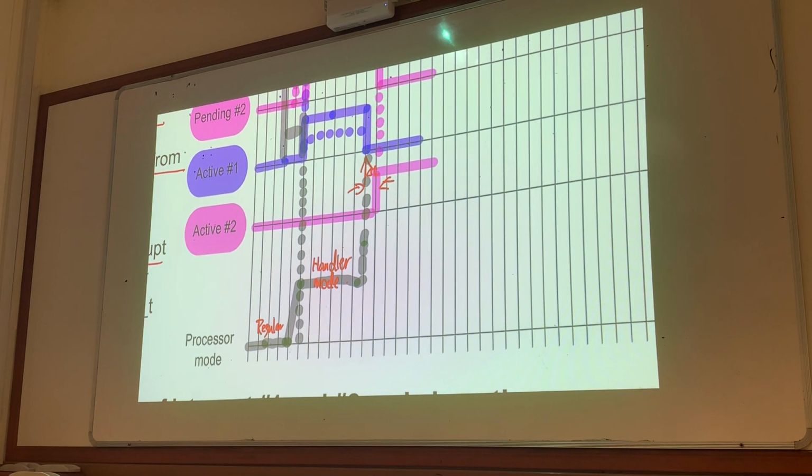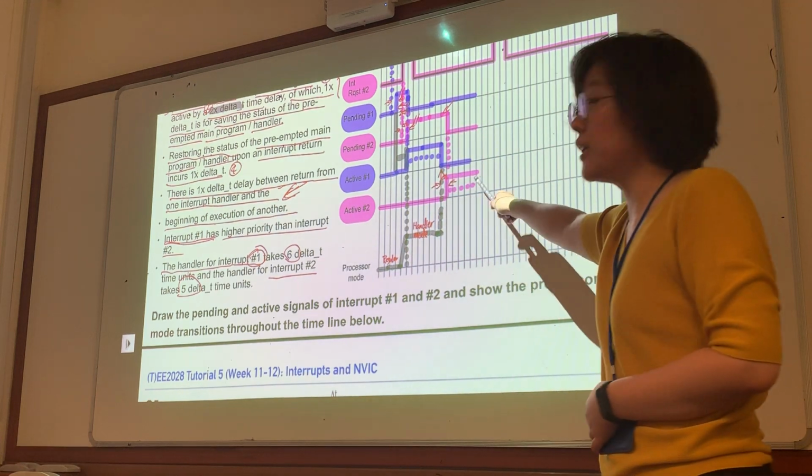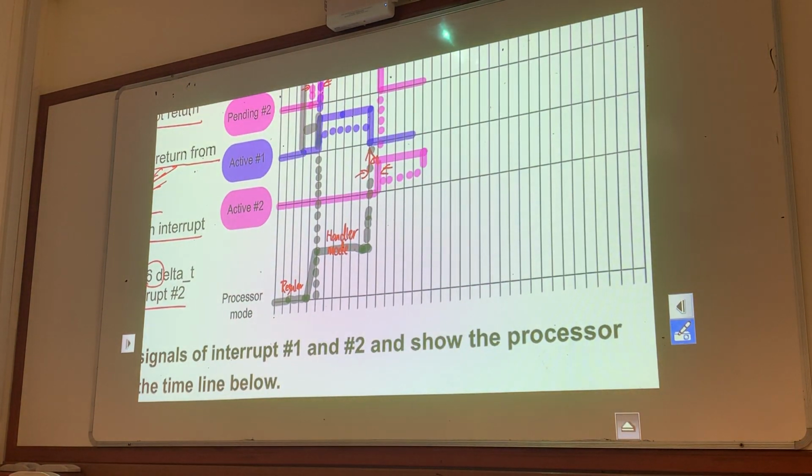Okay, and then at this moment, here you finish the first one, you need to run the second one, right? Remember here? Okay, here it will take 1, 2, 3, 4, 5, right? I haven't completed here, so here it will take 5 units of time to complete the second handler. So here it will take 5 units of time to go down.